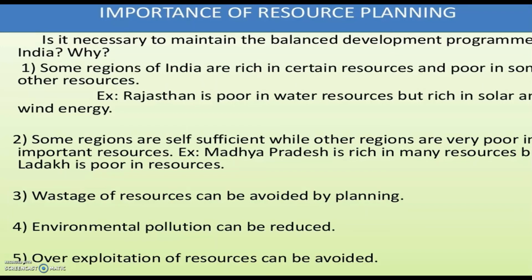Then the cold desert of Ladakh is relatively isolated from the rest of the country and it has very rich cultural heritage, but it is deficient in water infrastructure and some vital minerals. So this calls for a balanced resource planning at the national, state, regional and local levels.